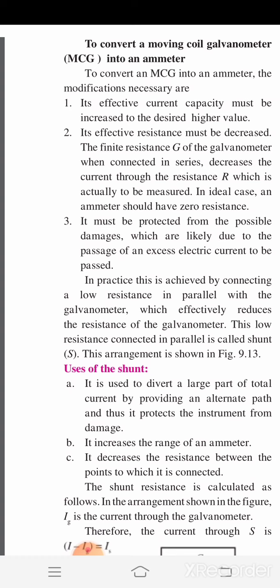That is the most important modification taken into account to convert the MCG into an ammeter: the effective resistance of the MCG must be decreased.